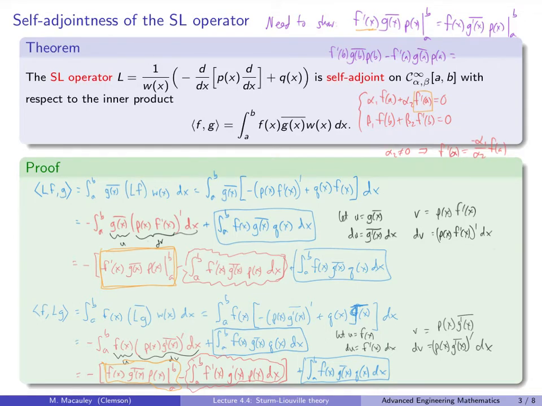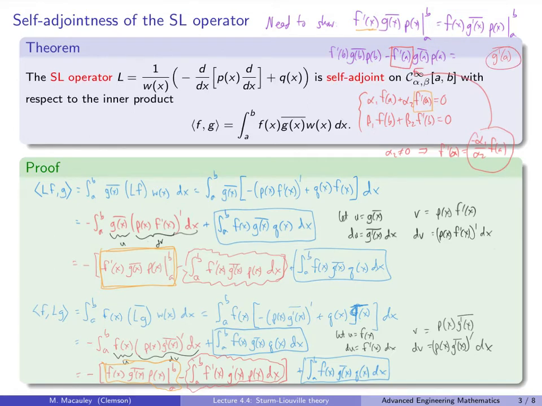So now, up here when we have f prime of a, we can replace that with this f of a times negative alpha 1 over alpha 2. And similarly, we can do the same thing for g prime of a, over in this equation, when we have a g prime of a bar.